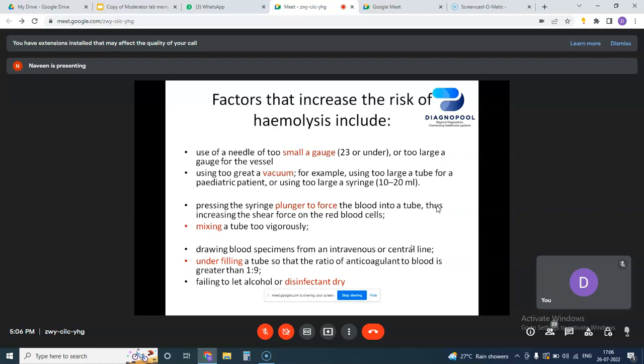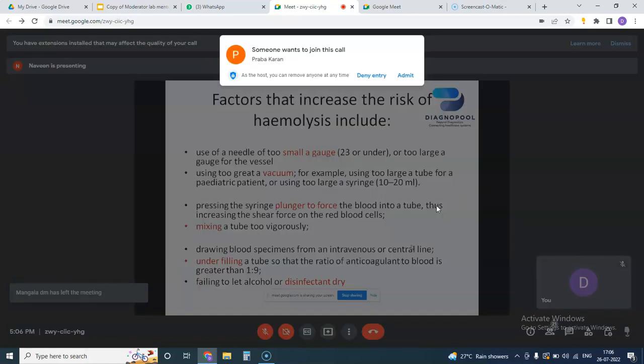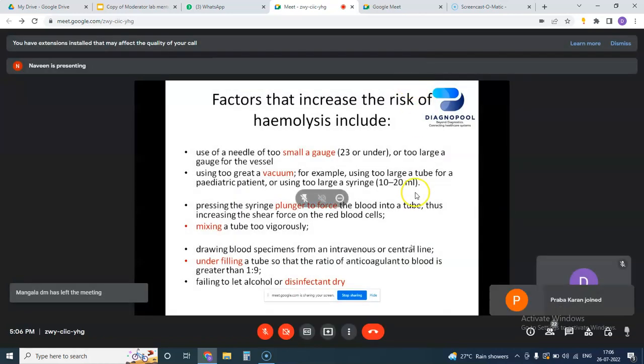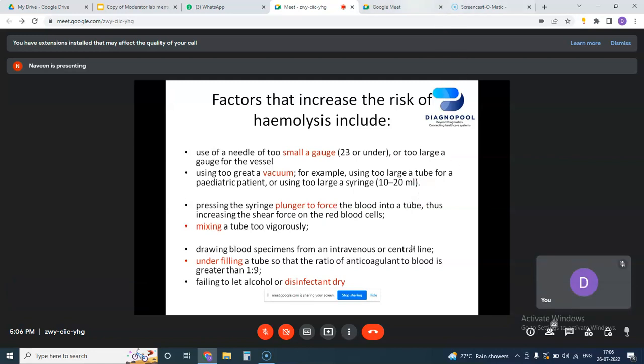Those related to the syringe and needle: the gauge of the needle, if it is too small, say 23 or less than 23, will lead to hemolysis. Similarly, if the syringe used is more voluminous, it can create more vacuum, which affects the RBCs, leading to lysis.